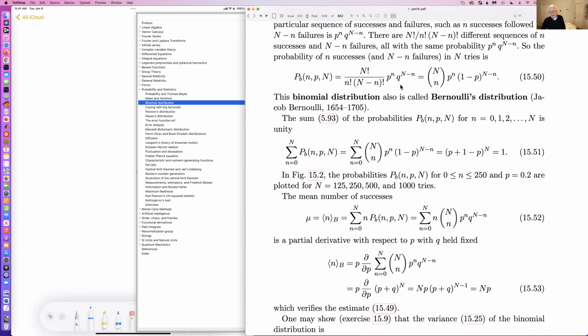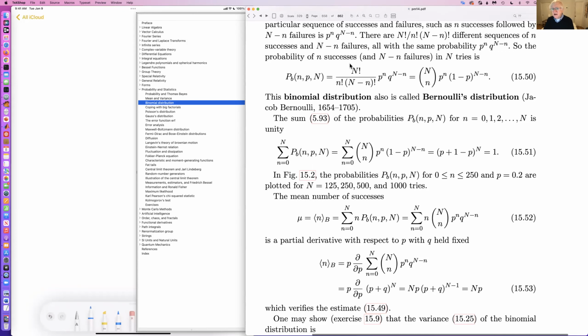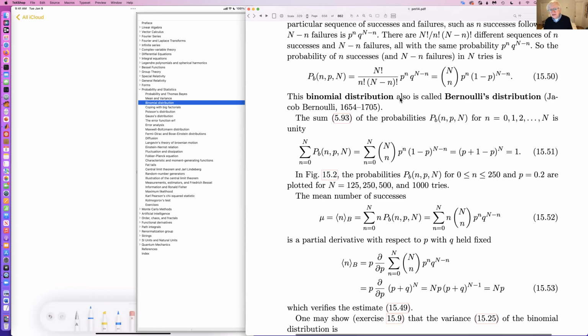So these binomial probabilities are always less than or equal to 1. But computing them can be awkward, to say the least, because these factorials are absolutely huge numbers.